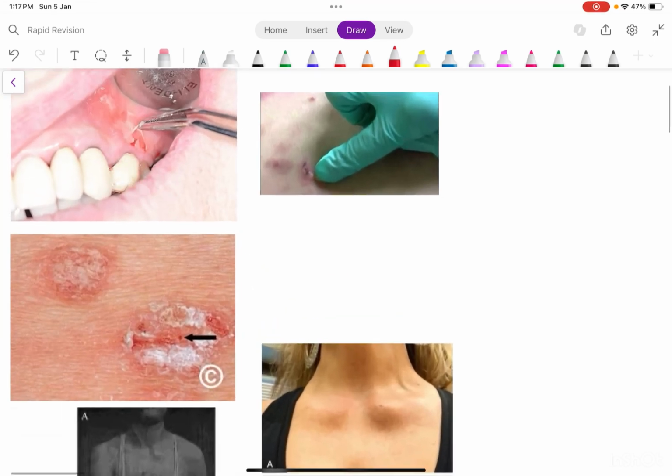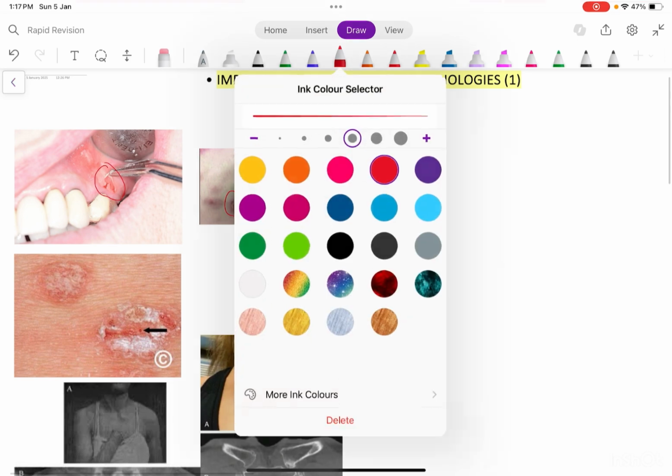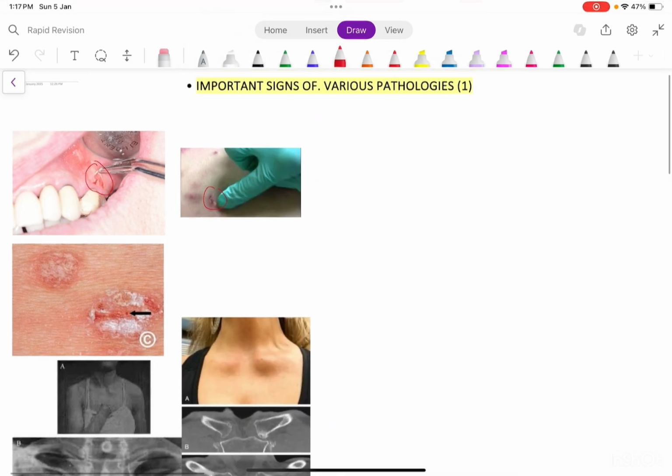The first one, you have to notice this particular thing. What we see is a loss of epithelium due to rubbing, resulting in a raw and sensitive area. This is the Nikolsky sign.